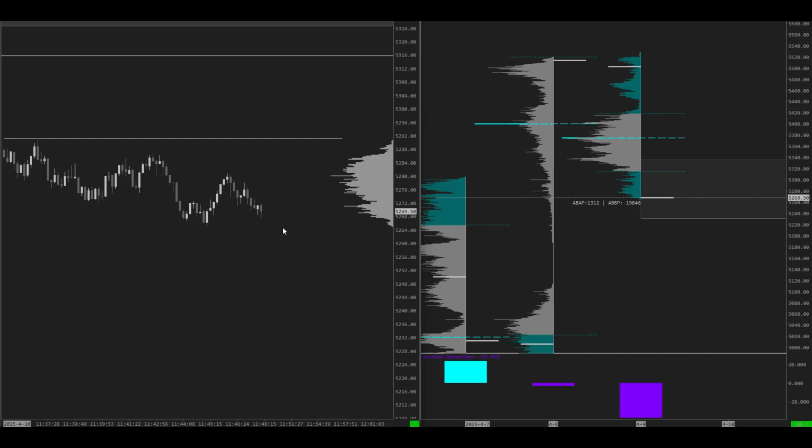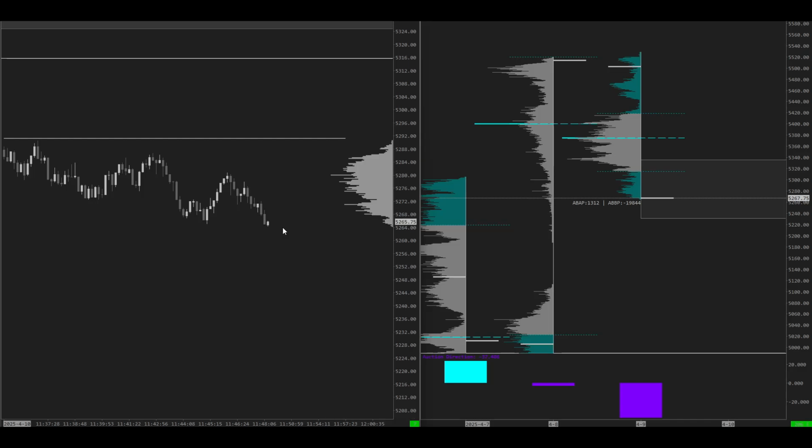It's also during lunchtime for large players. A lot of large players are at lunch right now, and it starts getting really choppy after the London close till about 1 or 2 o'clock, depends on the day.